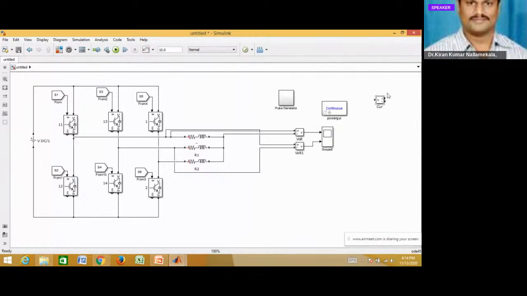Third, I am going to measure the current in A phase, and I give this current to the scope. I'll take one more channel in the scope.